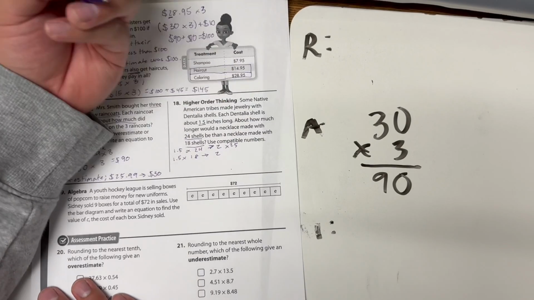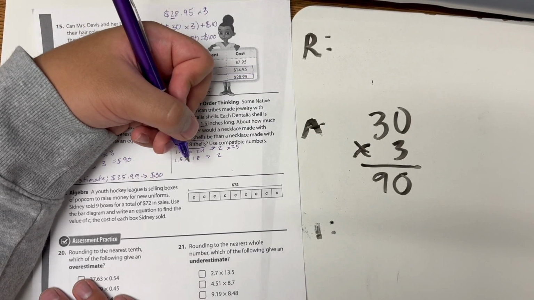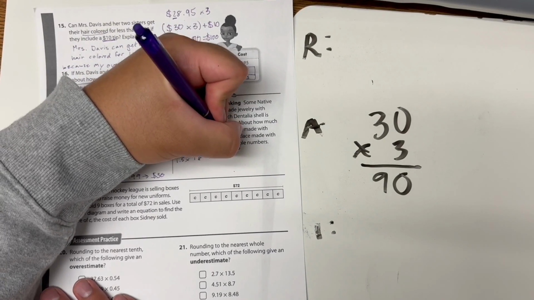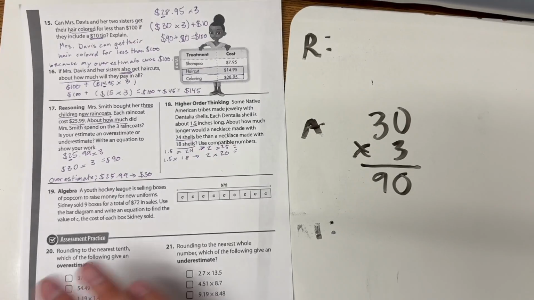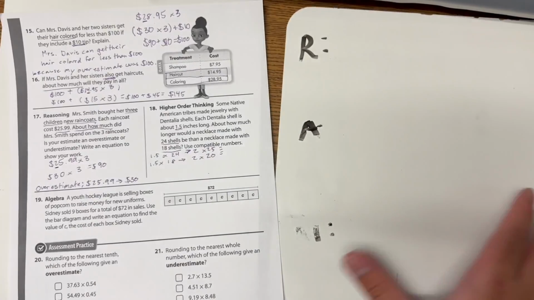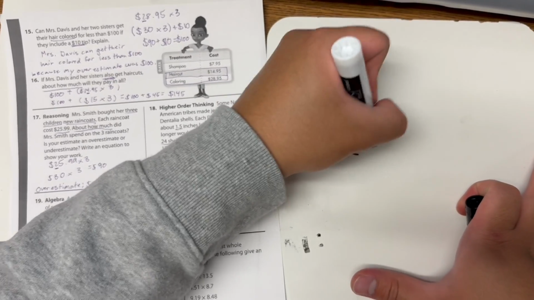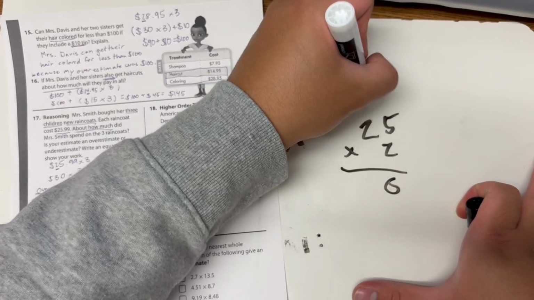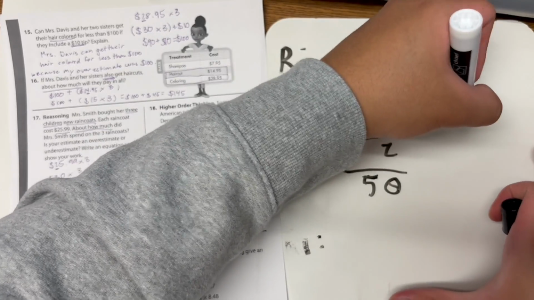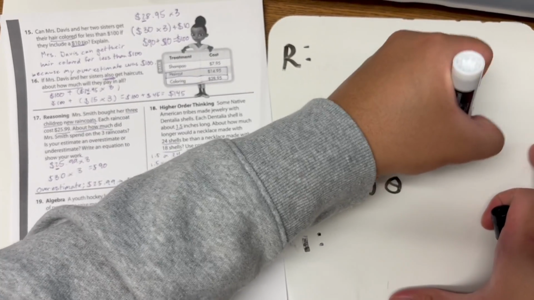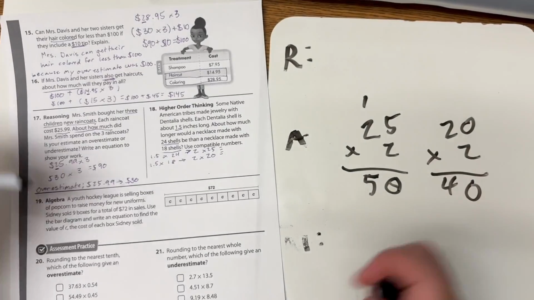For 18, I think that 18 is closer to 20 than it is to 15. So, if we apply the standard algorithm to both of those problems, we have 25 times 2, which is 50. I apologize. And then 20 times 2 is 40.